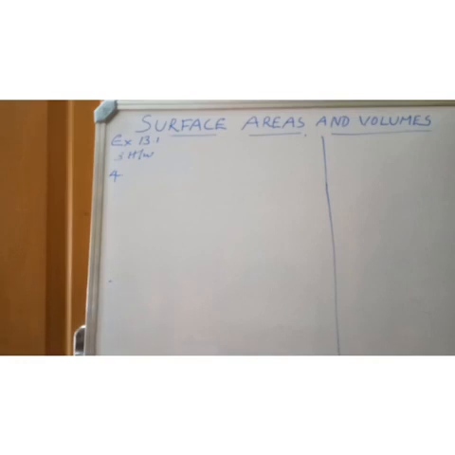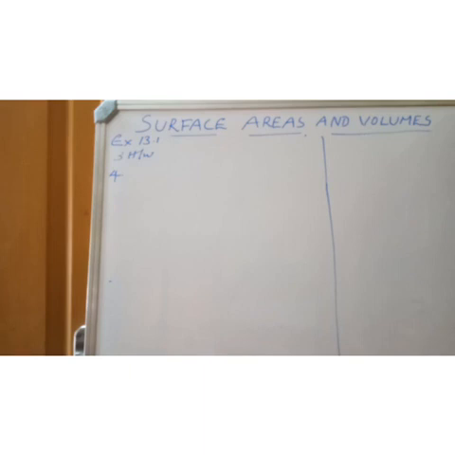Then third question, homework. Look at the fourth question. A cubical block of side 7 centimeter is surmounted by a hemisphere. What is the greatest diameter the hemisphere can have? Find the surface area of the solid.